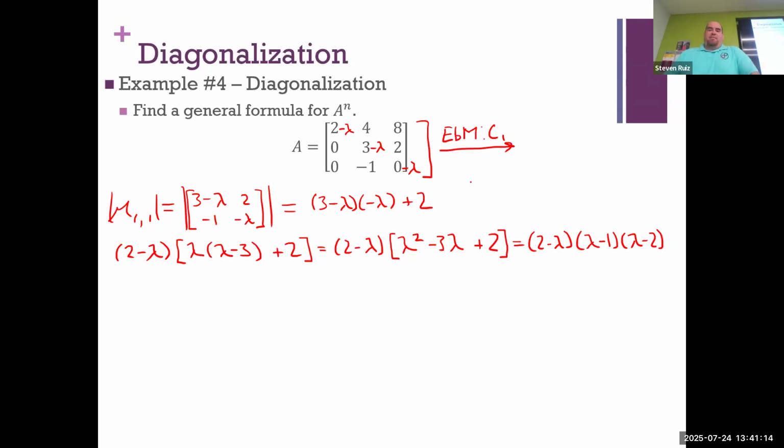So what are my eigenvalues then? Yep. All right. So now that I have the eigenvalues, what should I do with those?